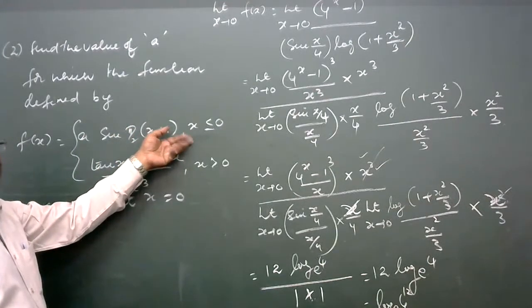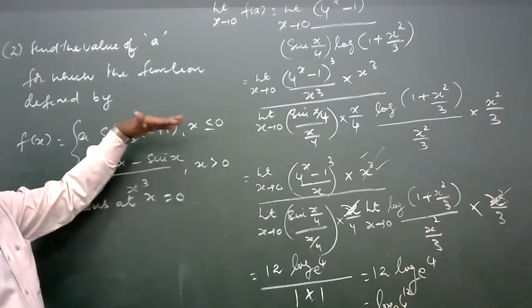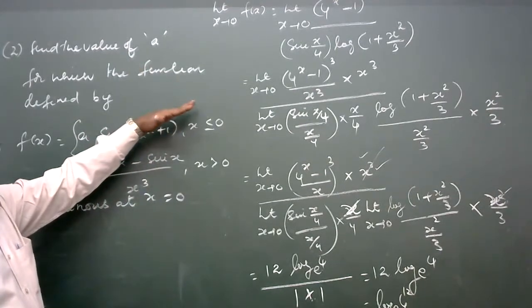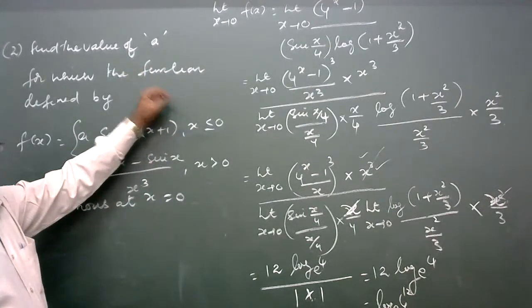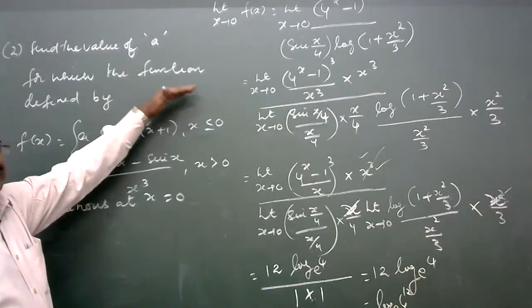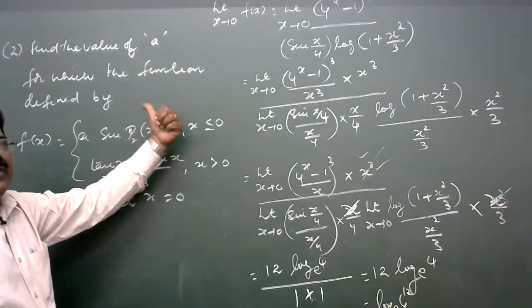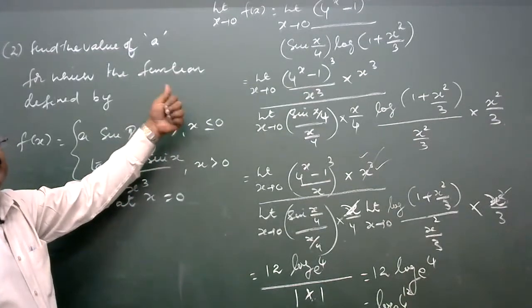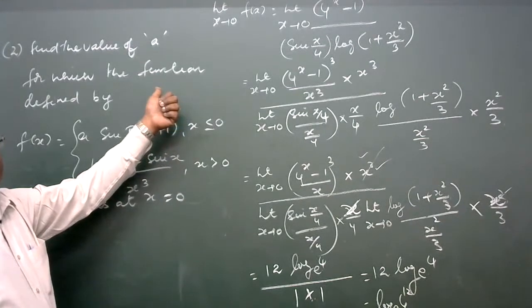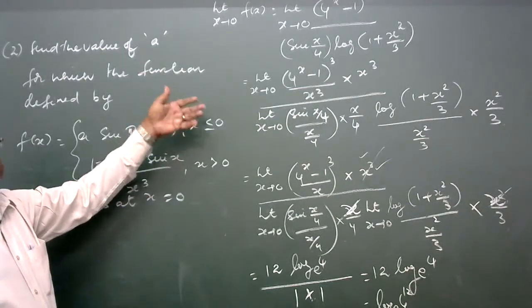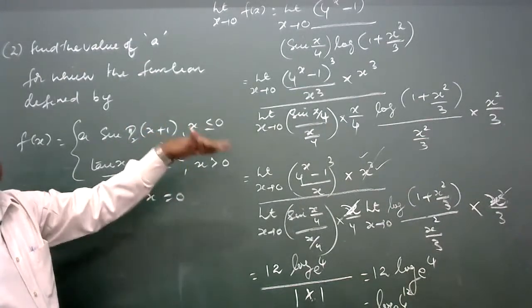Clear? Many students forget this concept and go directly without understanding. I already explained to you: left limit equal to right limit equal to the value of the function. But here, the function is defined when x is greater than 0, that means the right limit.